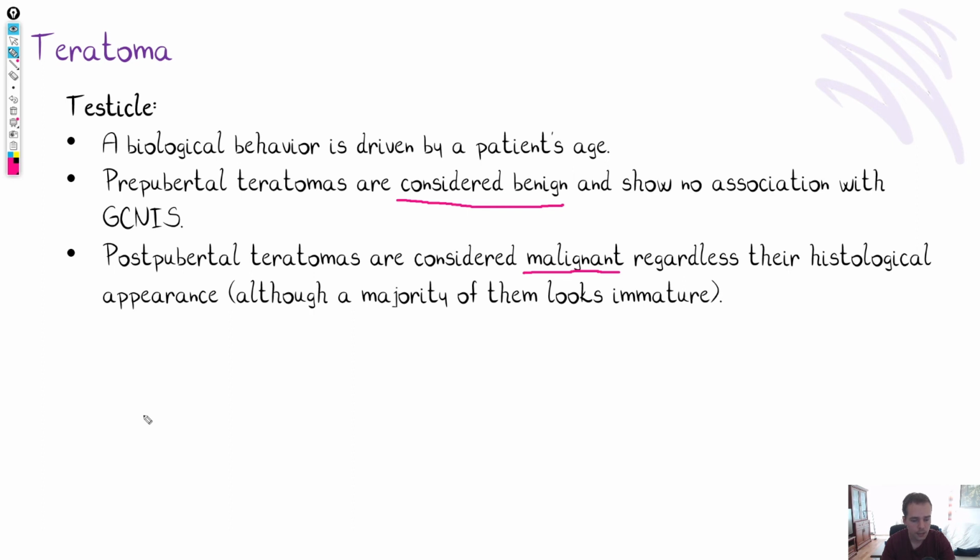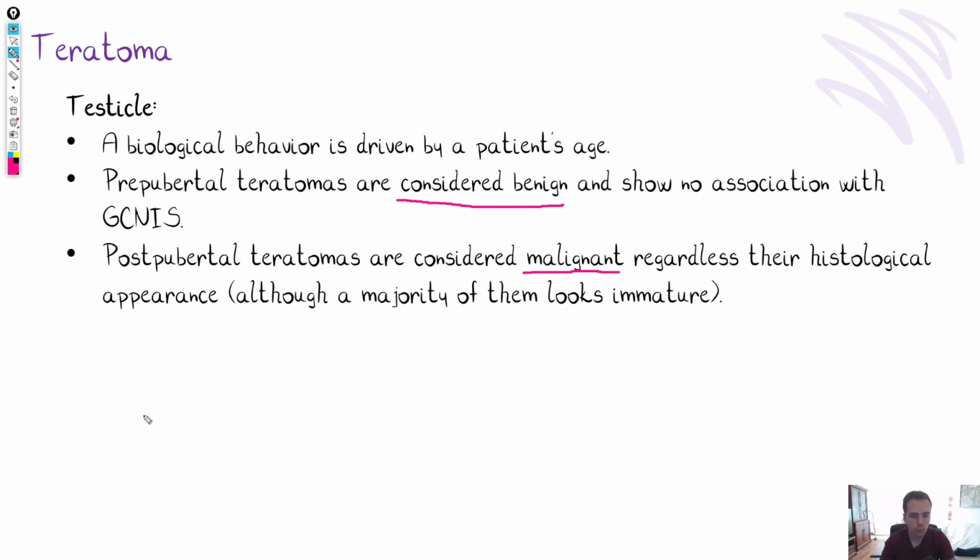So that is the important criterion. It is the important difference from the ovarian teratomas, because in ovarian teratomas the biological behavior is driven by the histological appearance, but in testicles it's not so simple, because even if the postpubertal teratoma looks mature histologically, it should be considered malignant, because those tumors arise from a single immature malignant germ cell which just differentiated.